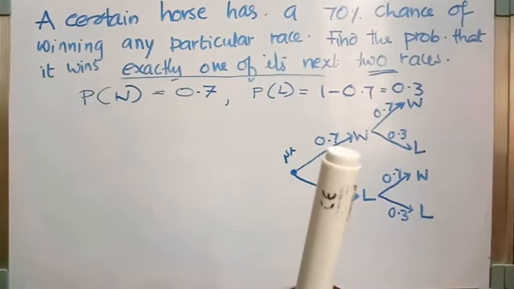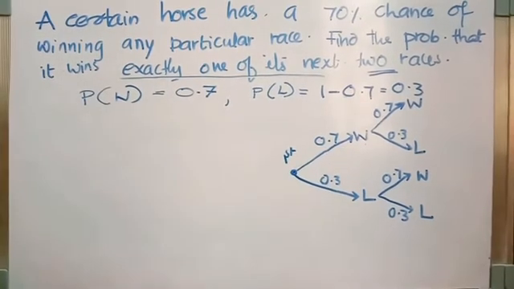Such types of events are called independent events. 2 events are said to be independent if either can occur without being affected by the occurrence of the other.